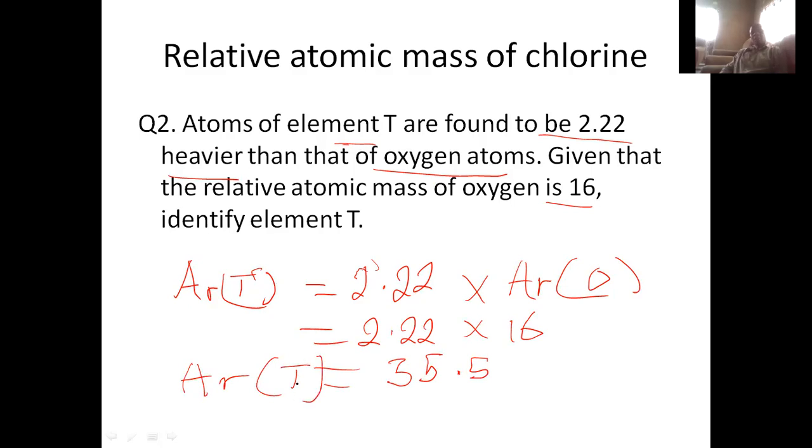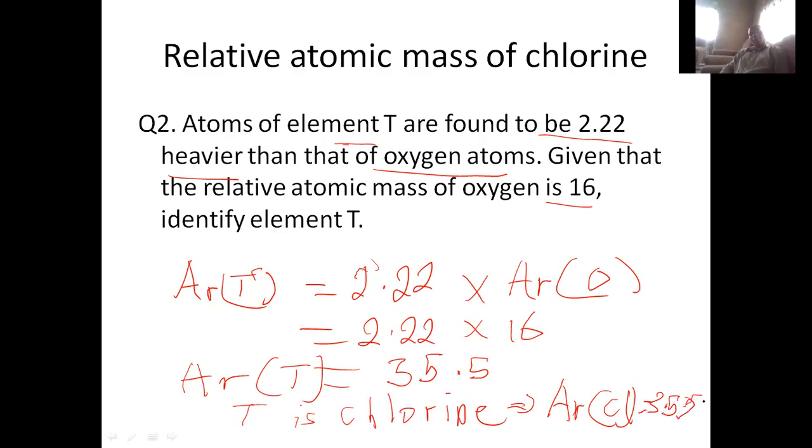And if we go to the periodic table, you find that the element with a relative atomic mass of 35.5 is chlorine. So we can say element T is chlorine with a relative atomic mass of 35.5.